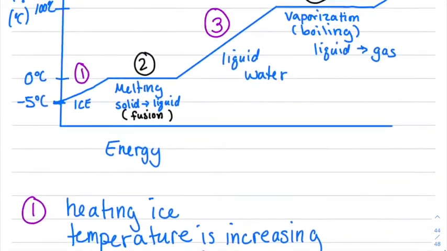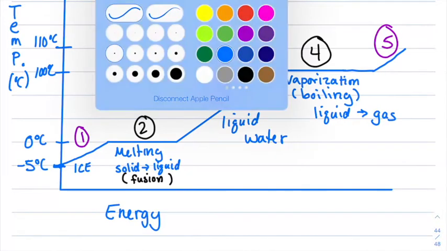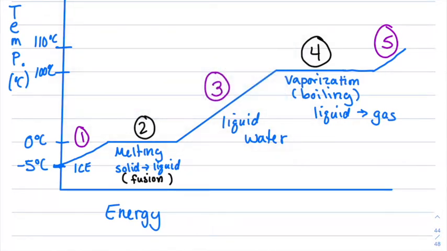Okay. So if you had to take a guess for number 5 right here, and I did color code them, so that's a big hint, what are we going to use for number 5? Are we going to use Q equals MC delta T, or are we going to use our delta H? Q equals MC delta T. Excellent. Because here what we're doing is we are heating up our gas.